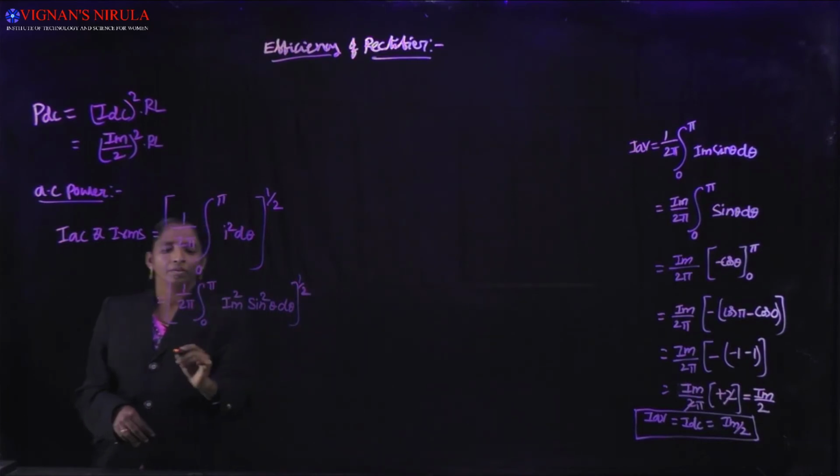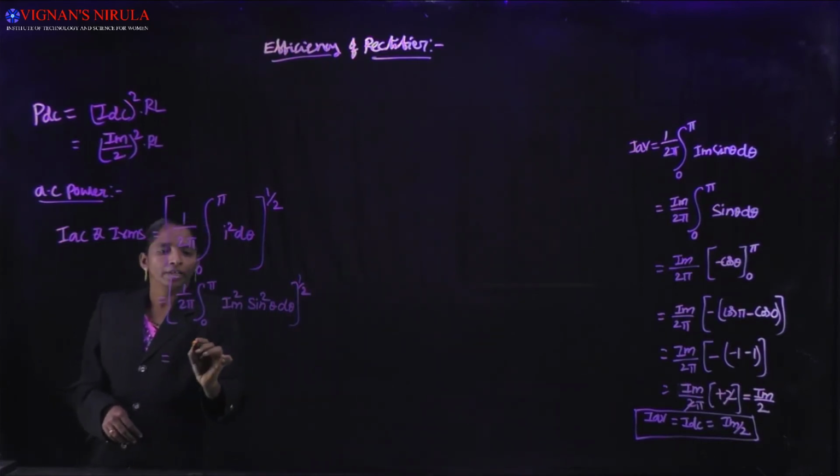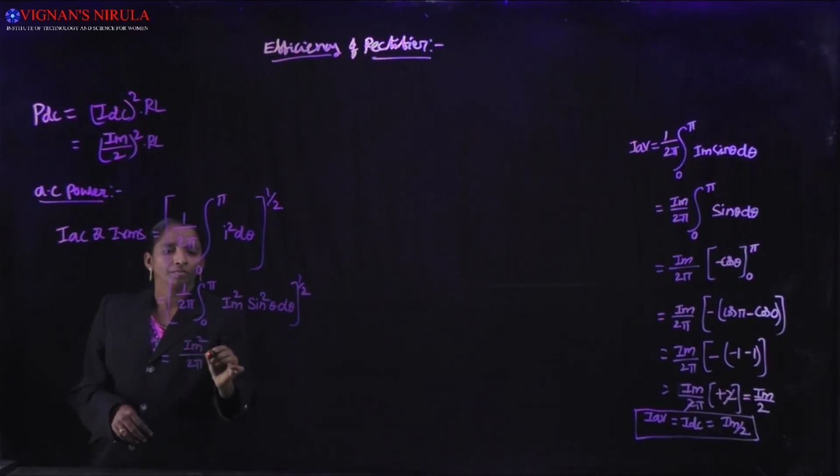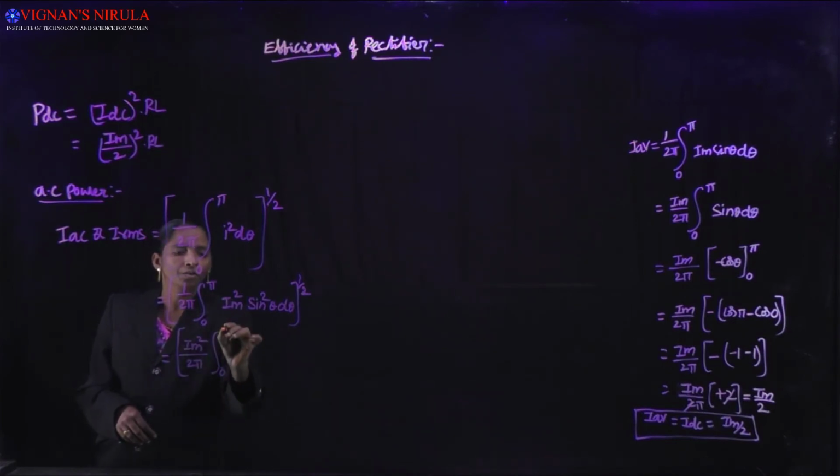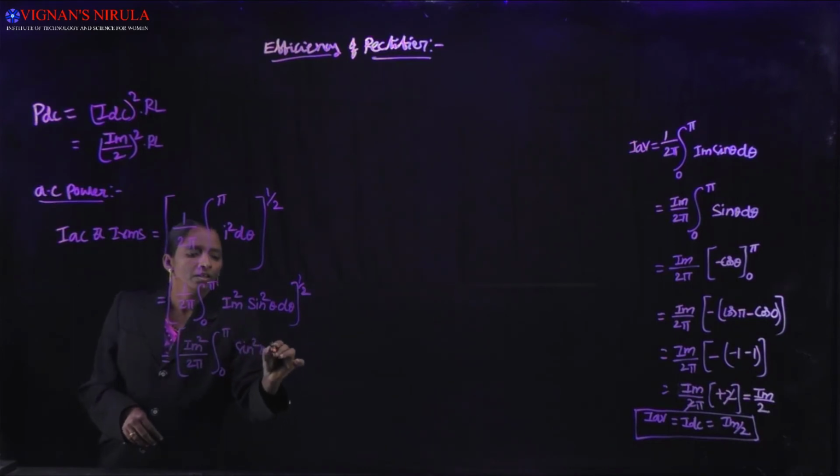Now take Im square by 2 pi out, integral 0 to pi sin square theta d theta.